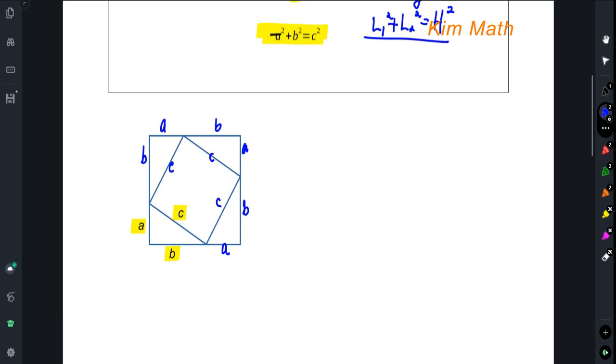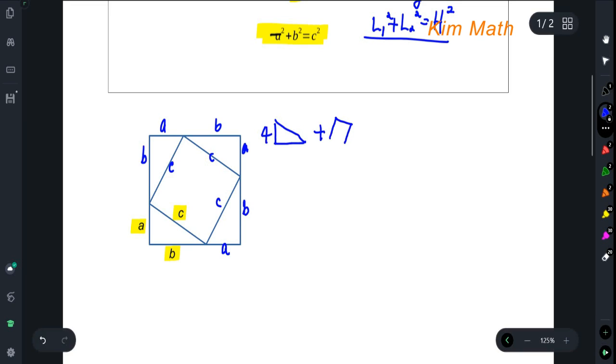So in this picture, using geometry, we can say that if we have four small right triangles plus one tilted square, it must be the same as the big square, right?